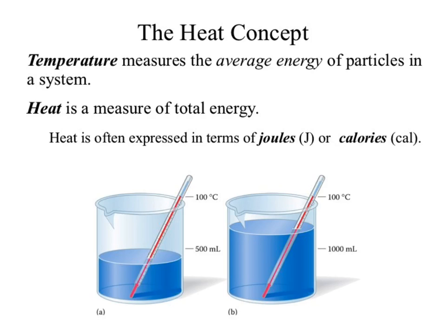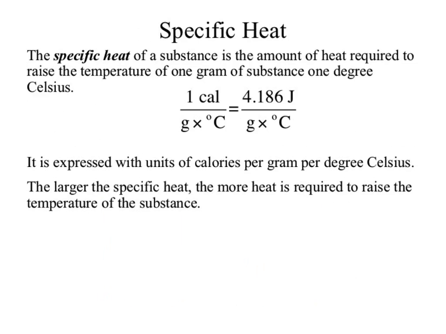Why do you care? The average energy is our temperature. Heat is the total energy. That liter container has a heck of a lot more total heat within it. That's going to hurt a lot more as that energy gets transferred into your skin. Okay? So heat and temperature are related, but not the same.